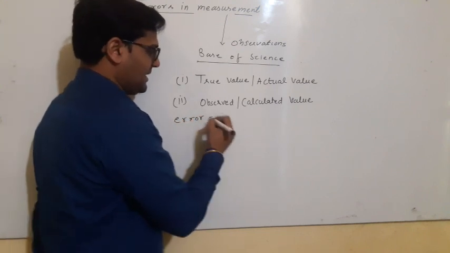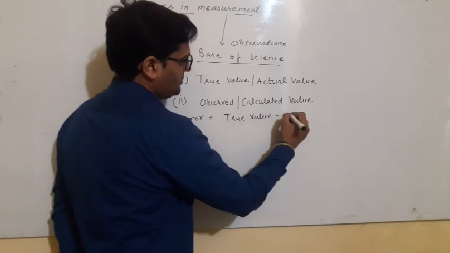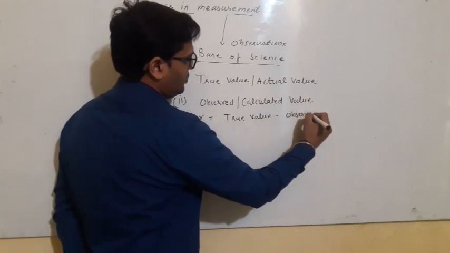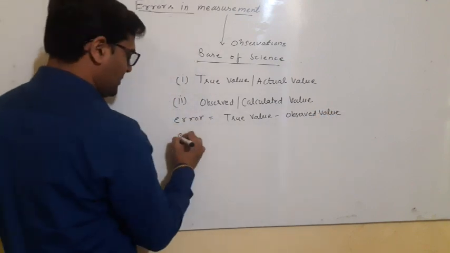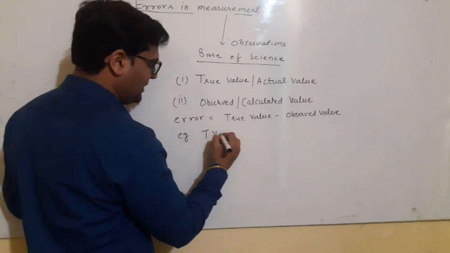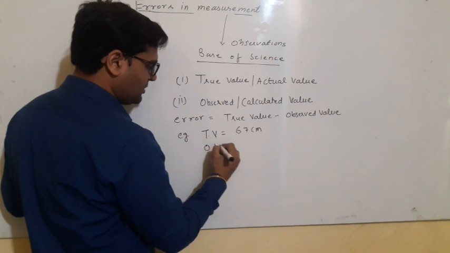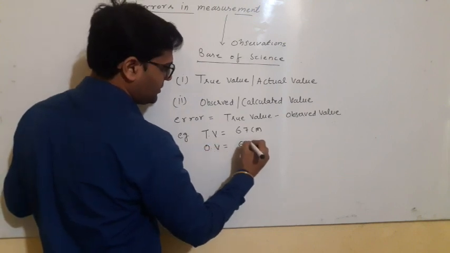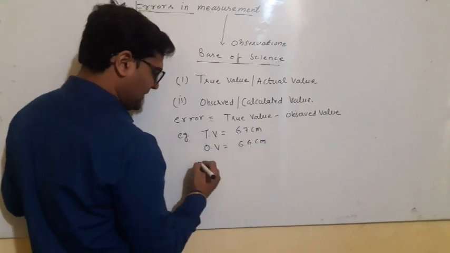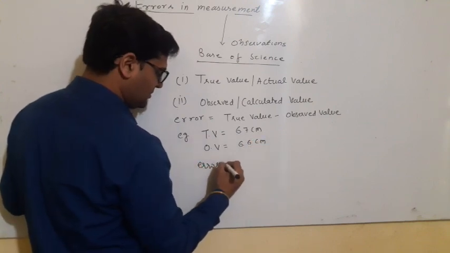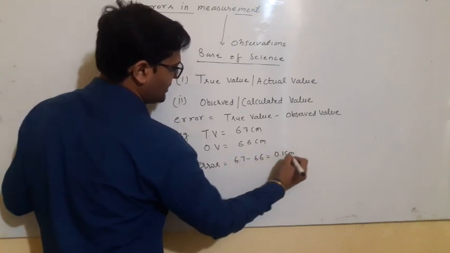So what is error? Error is true value minus observed value. For example, if true value is 6.7 centimeter and observed value is 6.6 centimeter, then error will be 6.7 minus 6.6, 0.1 centimeter.